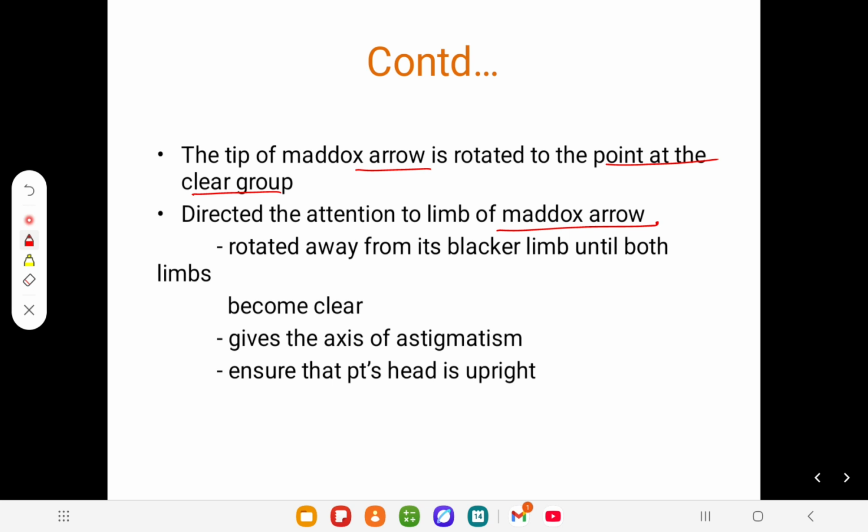So if the tip of the Maddox arrow is rotated to the point of the clearest group, directed attention is on the limb of the arrow, and rotated away from its blacker limb until both limbs become clear. It means what?